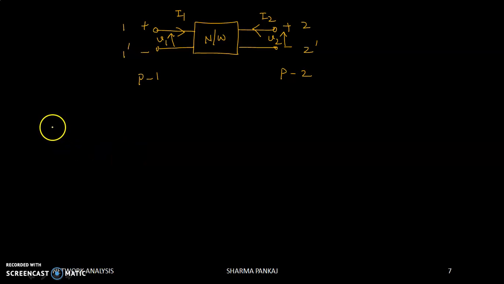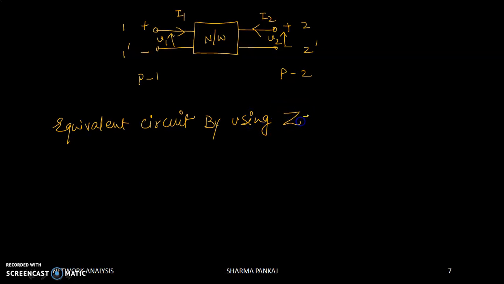Now I am going to draw the equivalent circuit by using Z parameter. We'll have the equivalent circuit of this 2-port network.